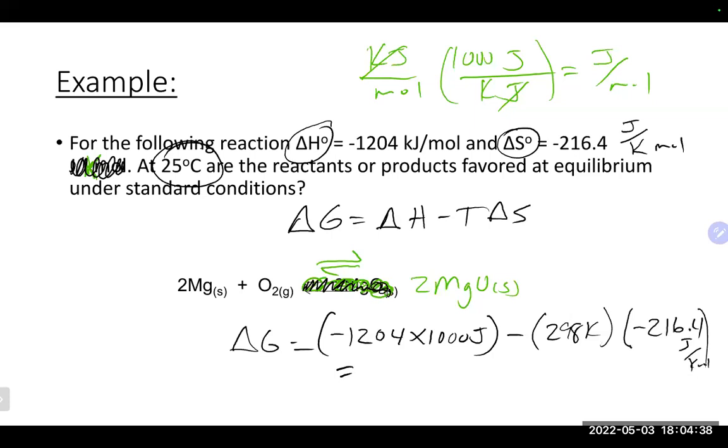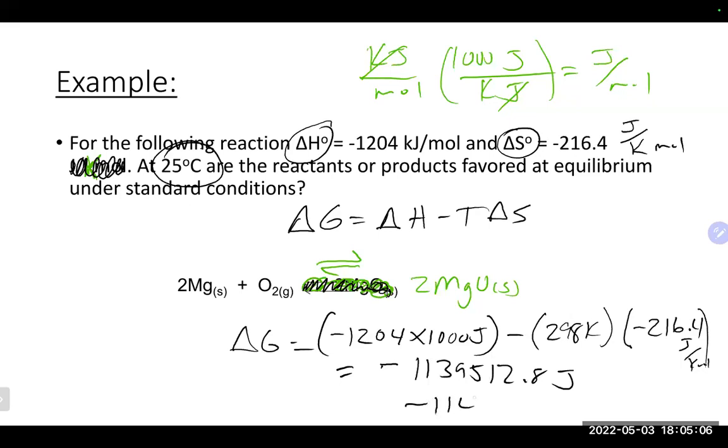That is going to get us minus 1204 times 1,000, minus 298, and it looks like a negative here, I think. 1139512.8 joules. Feels like a lot of numbers.